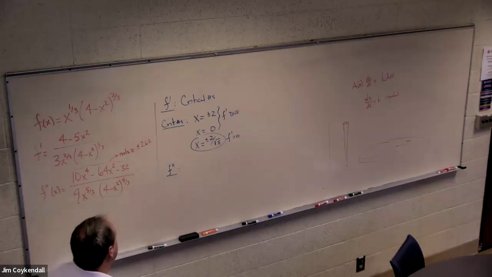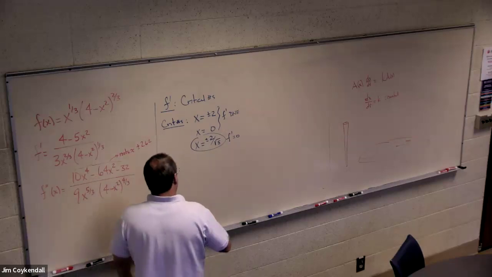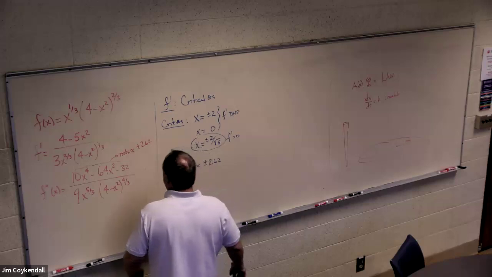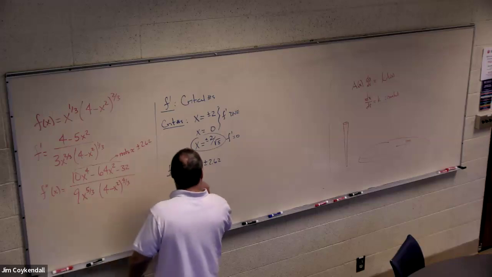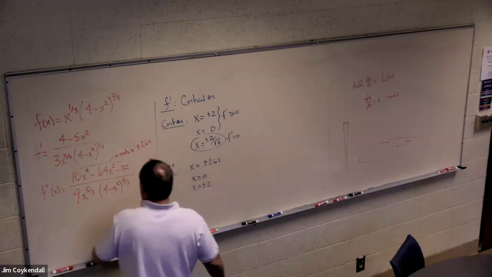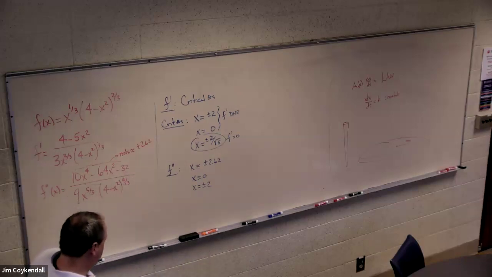For the second derivative, what numbers do we need to concern ourselves with? Well, this making that 0, and also we get these same things that are making the second derivative undefined.